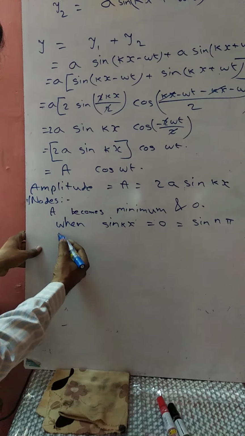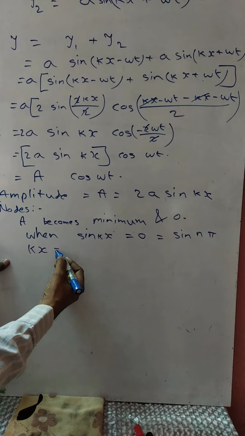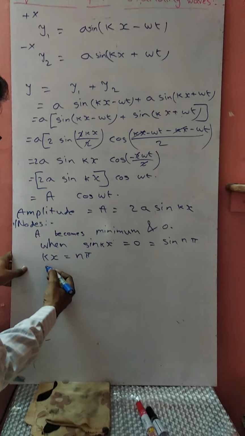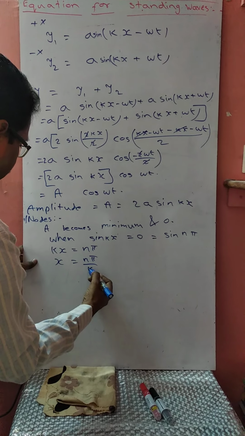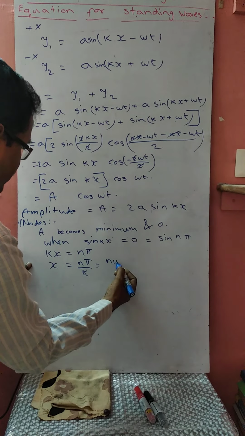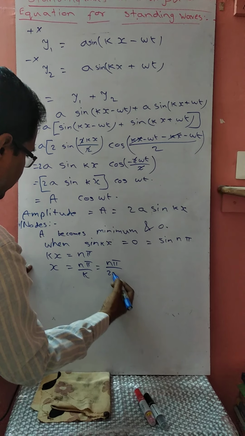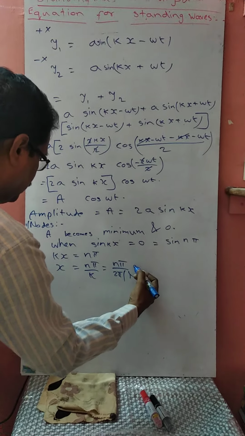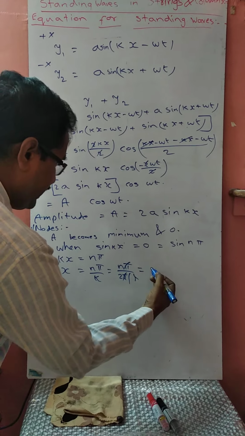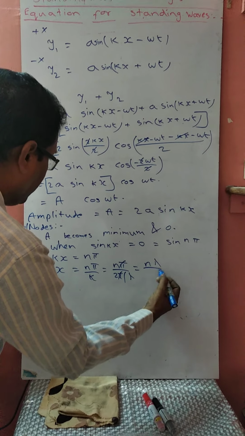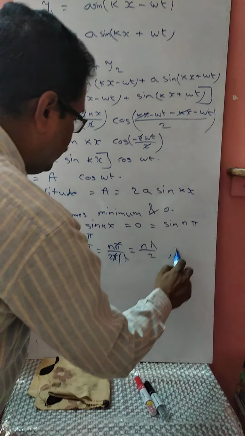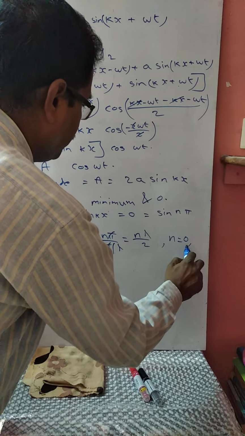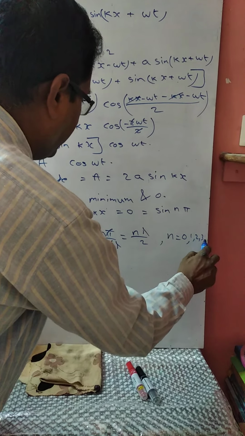So you can write kx equals n pi, or x equals n into pi by k. Already you know k is nothing but 2 pi by lambda. So pi gets cancelled, and you get n into lambda by 2. At these positions nodes are going to occur, where n equals 0, 1, 2, 3, like that.